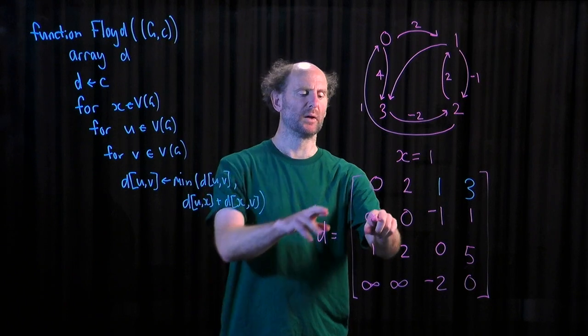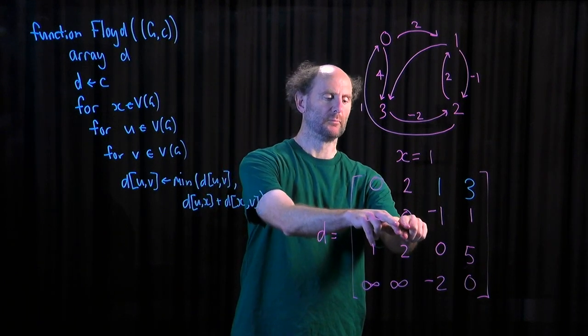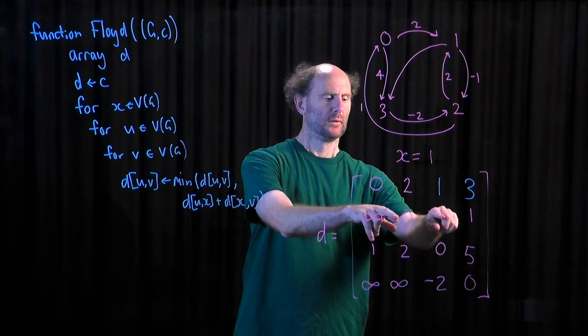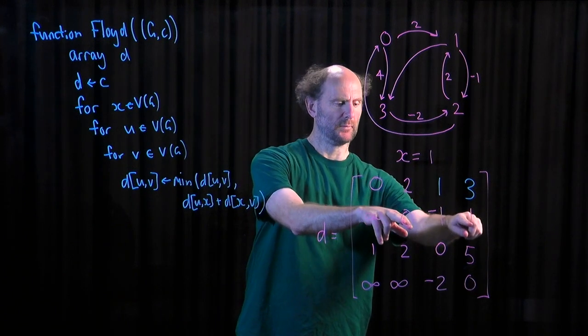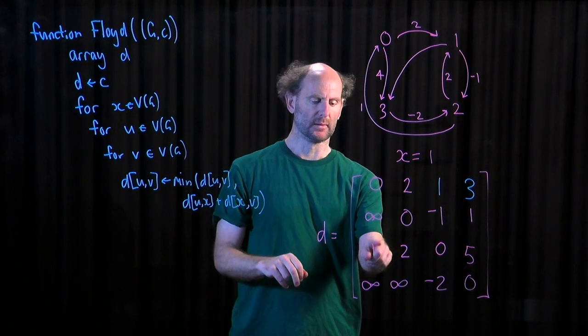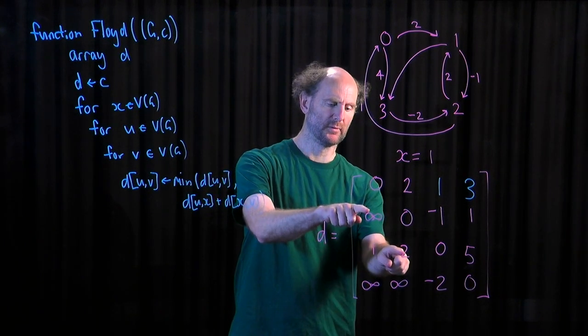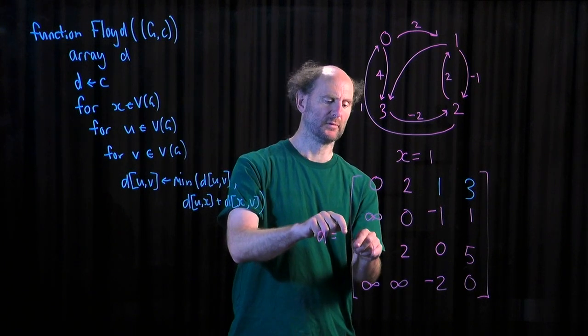Now, is this number greater than the sum of those two numbers? No. We can leave that alone. We can leave that alone, and we can leave this alone. How about this number here? Is that greater than the sum of those two numbers? No, it's not.